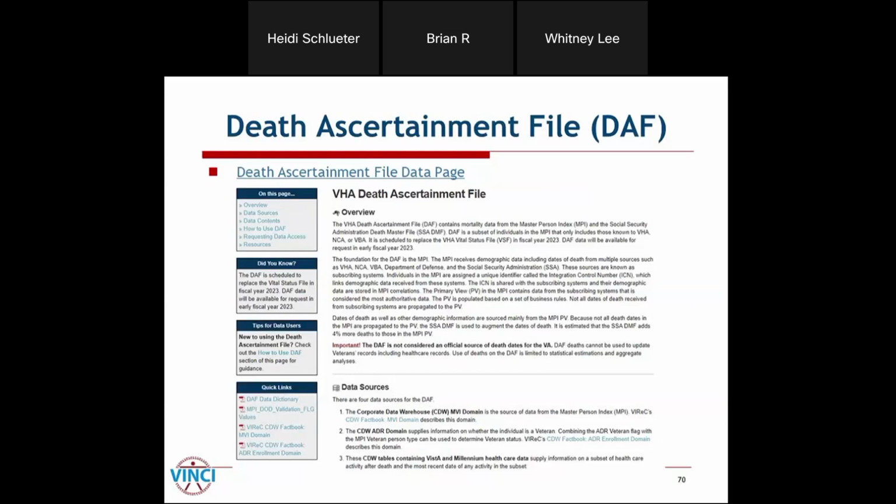The expected timeline is sometime this year, so fiscal year 2023. You can come here to check out the fact book, check out the data dictionary, and more information about the death ascertainment file. Moving forward, this is planned to be your source for any mortality data.